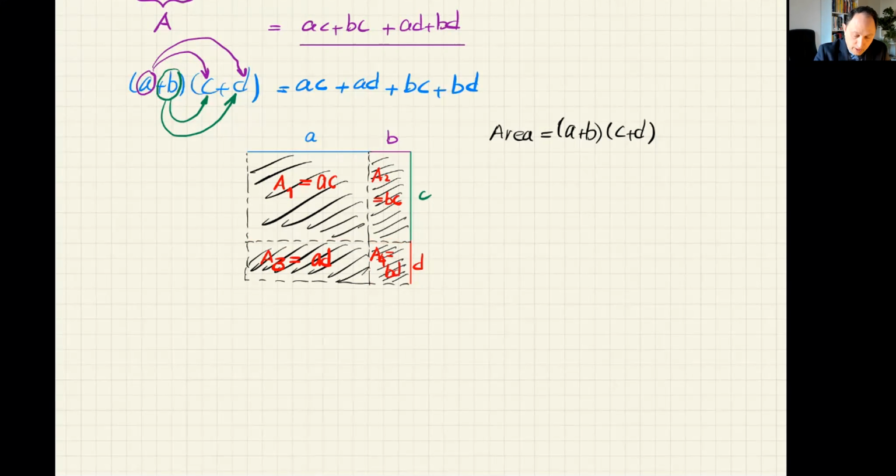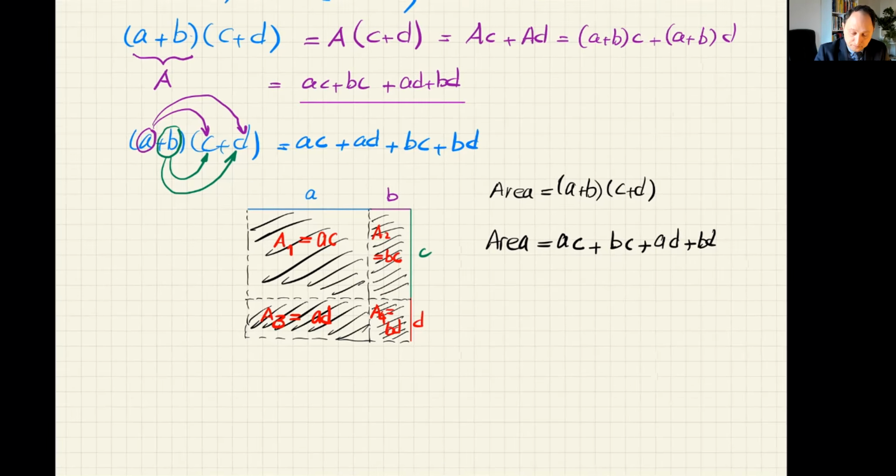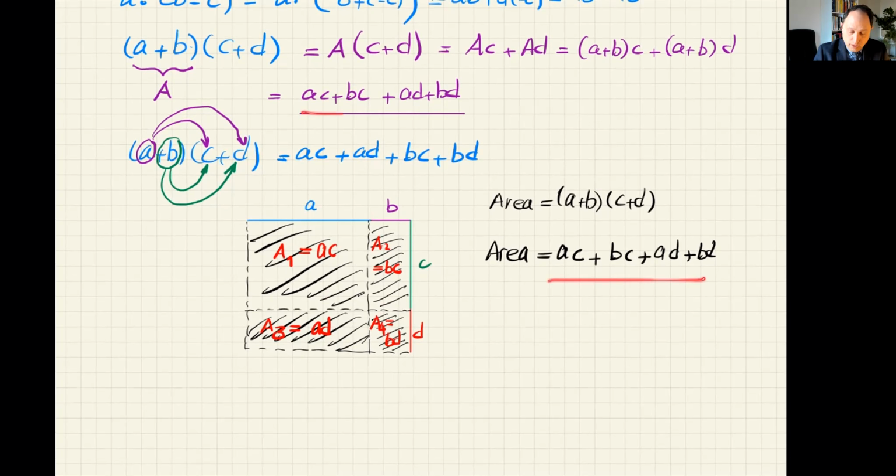So again, in one way of calculation, you got this. In another way, you find the area of each one of these partitions and then add them together. When you add them, it becomes AC plus BC plus AD plus BD. And that's exactly what you get on the right-hand side.